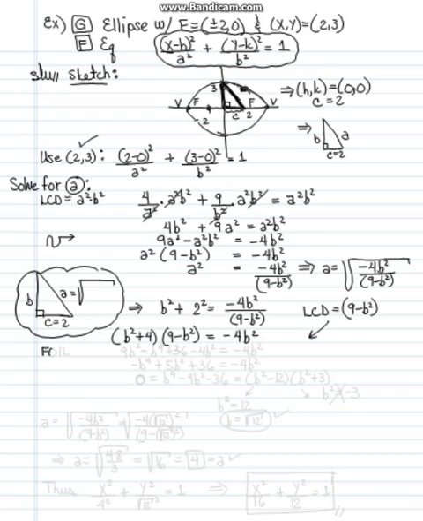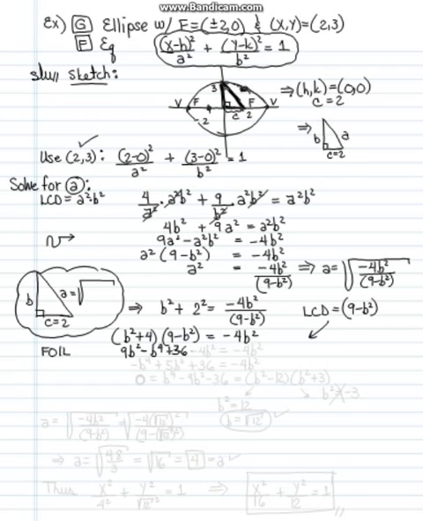Now I'm going to FOIL. That will give me 9b squared, first times first. Then outer times outer is negative b to the fourth. Inner times inner is positive 36.